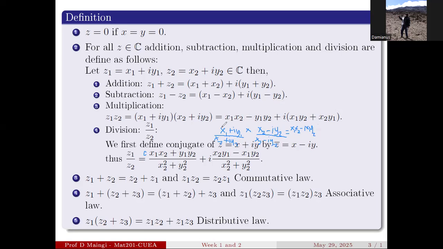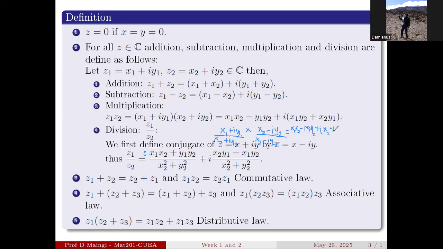So you multiply X1 times these two terms, you get X1 X2 minus i X1 Y2. Next, you take iY1 and multiply by this term, you get plus i X2 Y1.